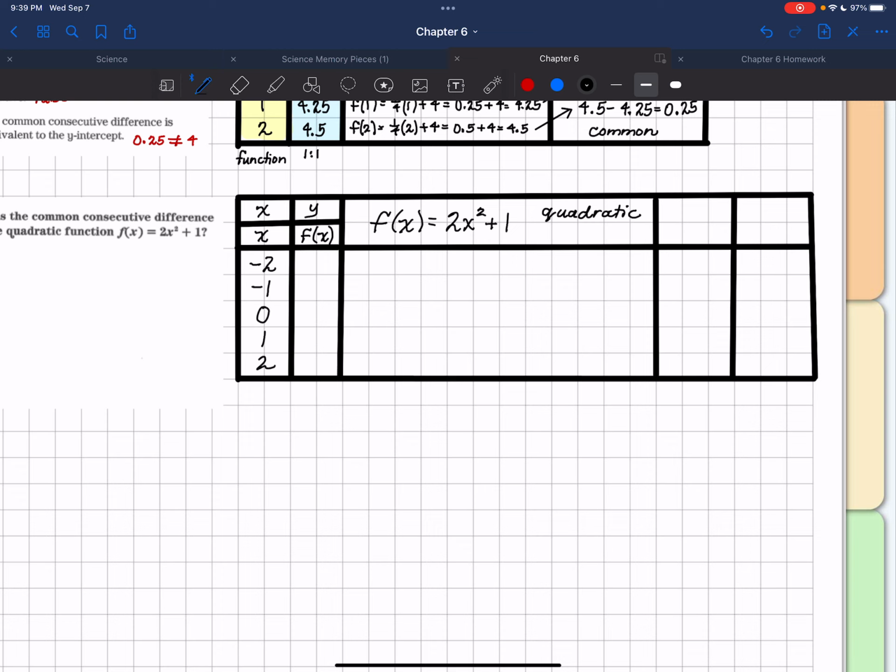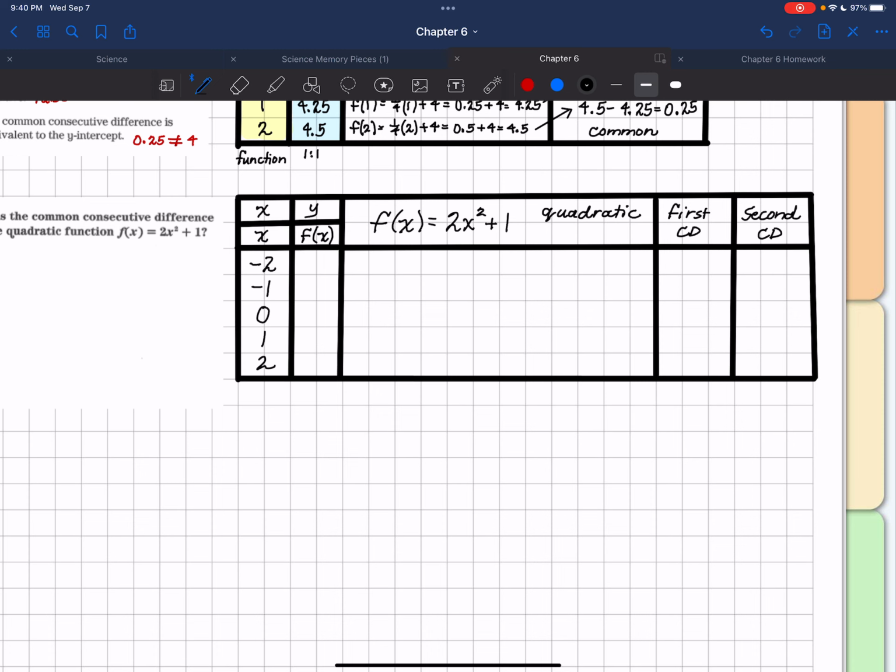Those are the 5 smallest numbers that I can pick that are both negative values and positive values. And then here we will have the first consecutive difference. And they're consecutive because of the 5 numbers I just chose. And then here we will have the second consecutive difference. And this is where I expect commonality. But we'll see.